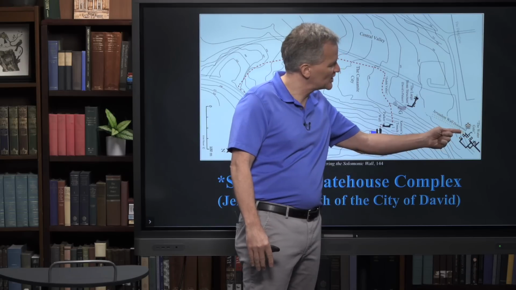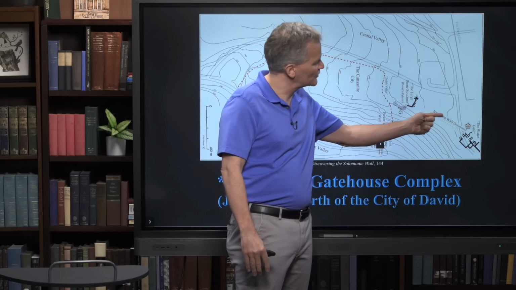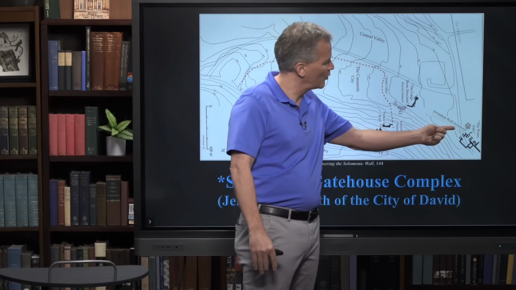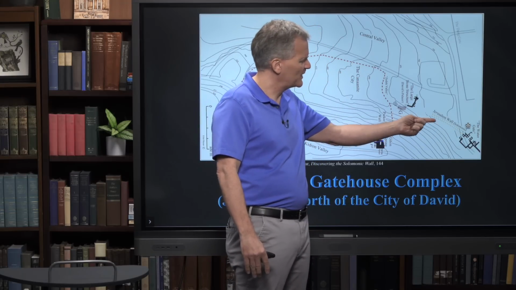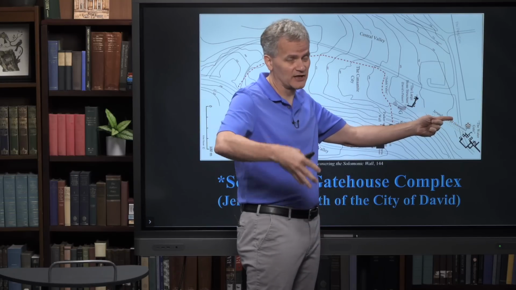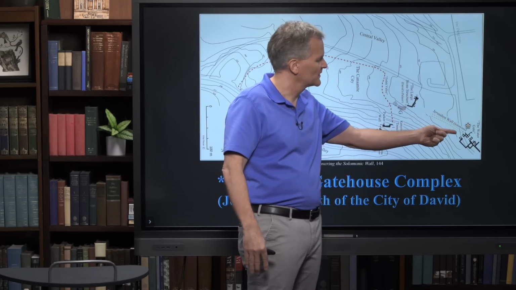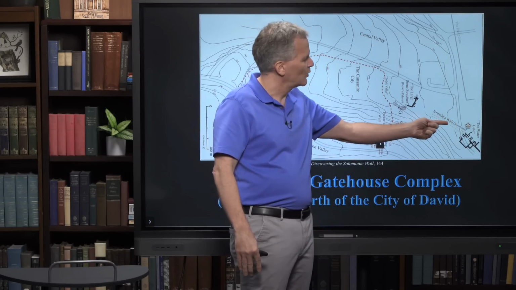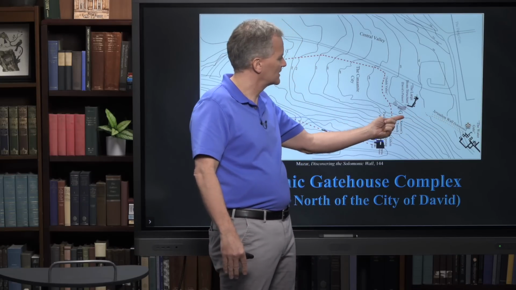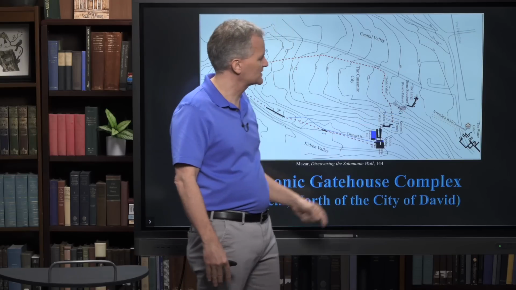So she projects that the wall didn't go straight like this, which would take you out of the city, but instead that the wall would have bowed this way. And apparently it's too difficult or impossible to actually do the excavation there in this area to know for sure, but she suggests that the wall would have bent this way and probably come much more toward the south.